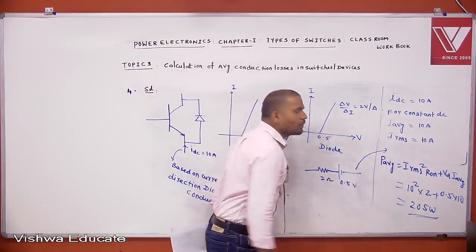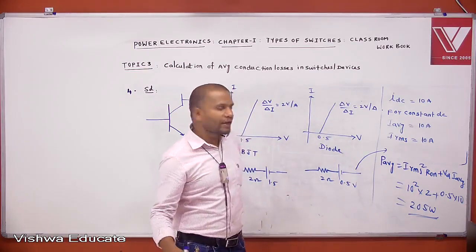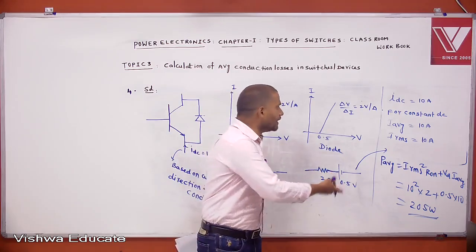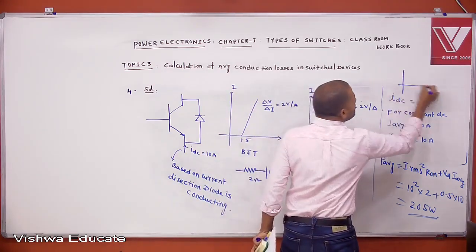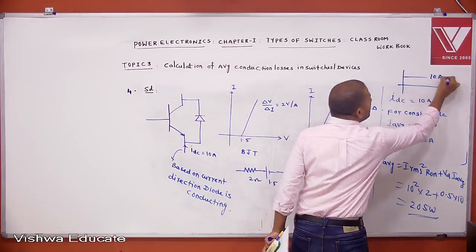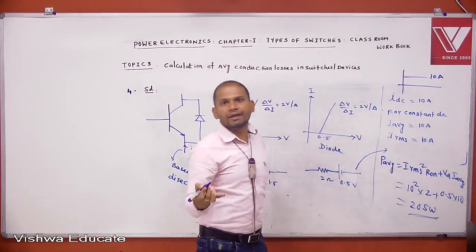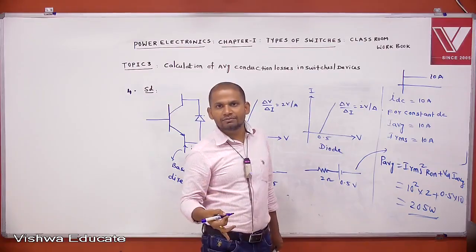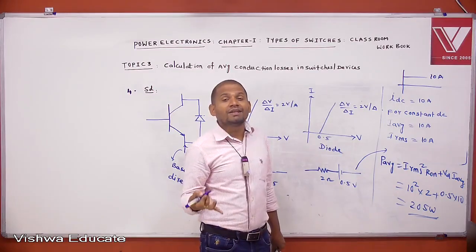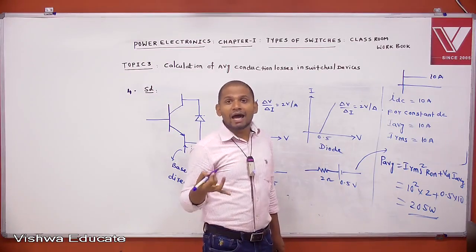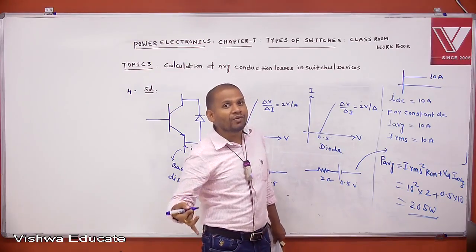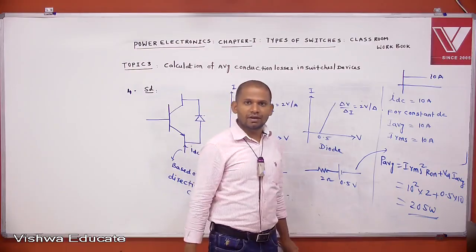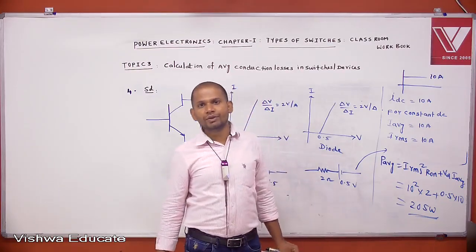Then average power loss equals I RMS square into R on plus VD into I average. It is a constant current of 10 ampere, so the average value is 10 and the RMS value is also 10. That's why for a constant DC, average and RMS values are the same. If they are the same, the form factor is unity.